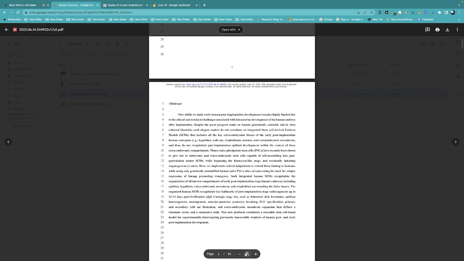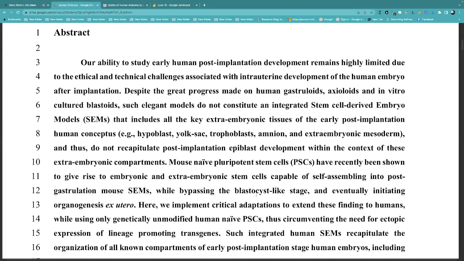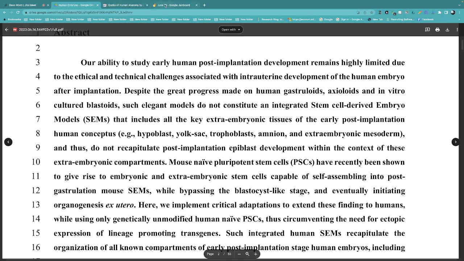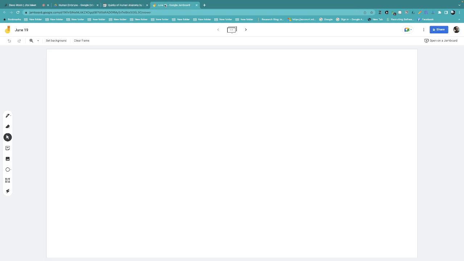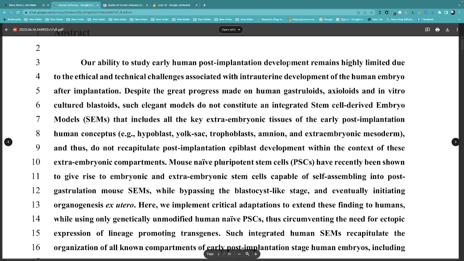The abstract reads, our ability to study early human post-implantation development remains highly limited due to the ethical and technical challenges associated with this kind of development. So the difference between C. elegans and humans, of course, is that C. elegans develops in an egg, and humans develop in an amniotic sac, or whatever an amniotic sac is evolutionarily.